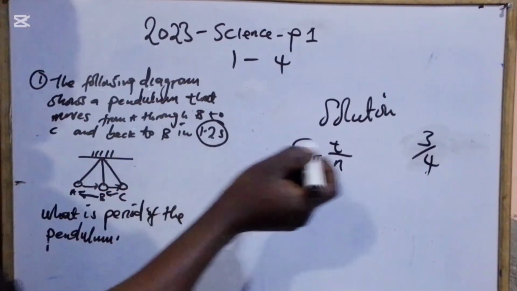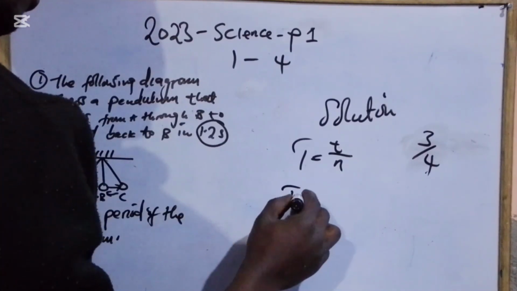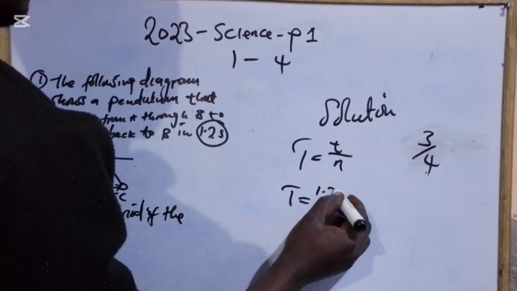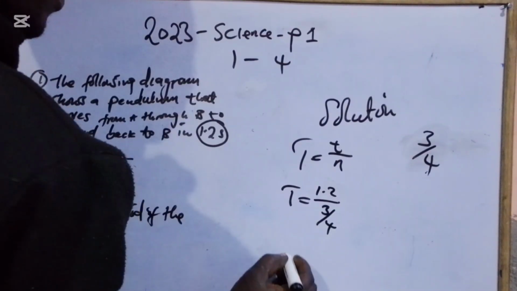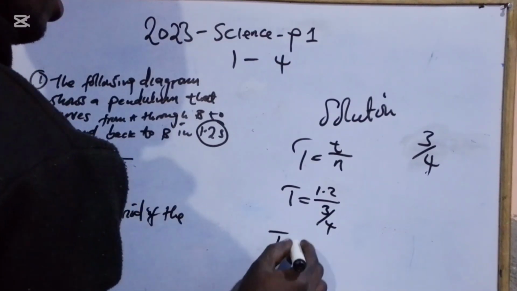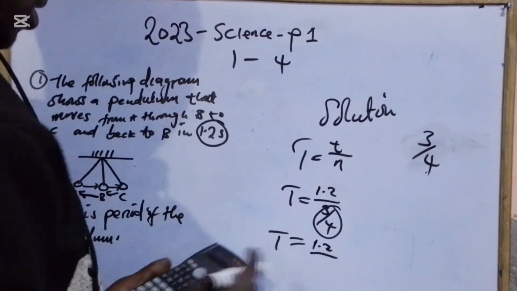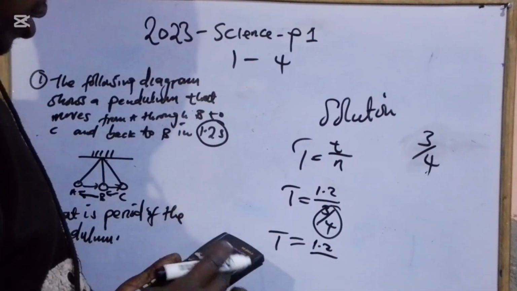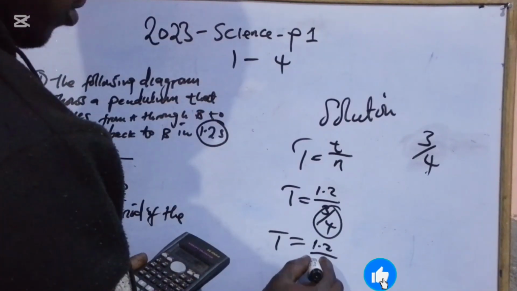Because it only moved 3 out of 4, period equals time 1.2 over 3 over 4. When you divide 3 by 4, we have 0.75.